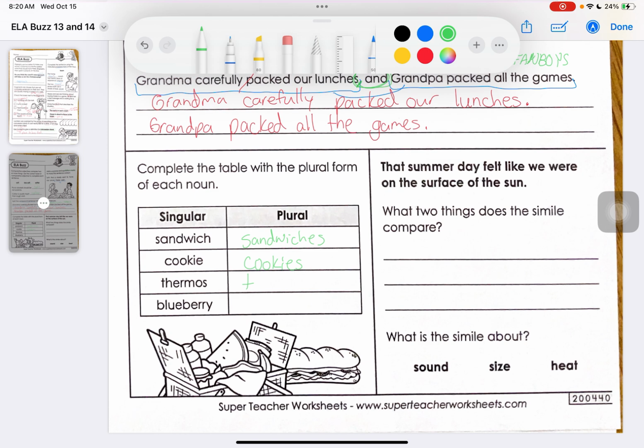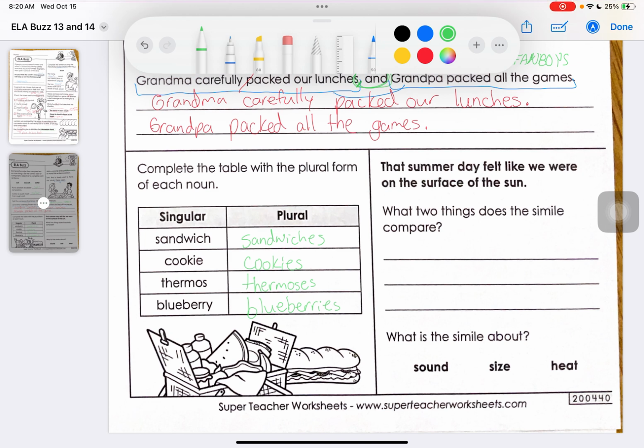I think it is. I have to think about that one actually. One thermos, I think it is thermoses. It is thermoses. One blueberry, two blueberries. So you got to change the Y to an I.